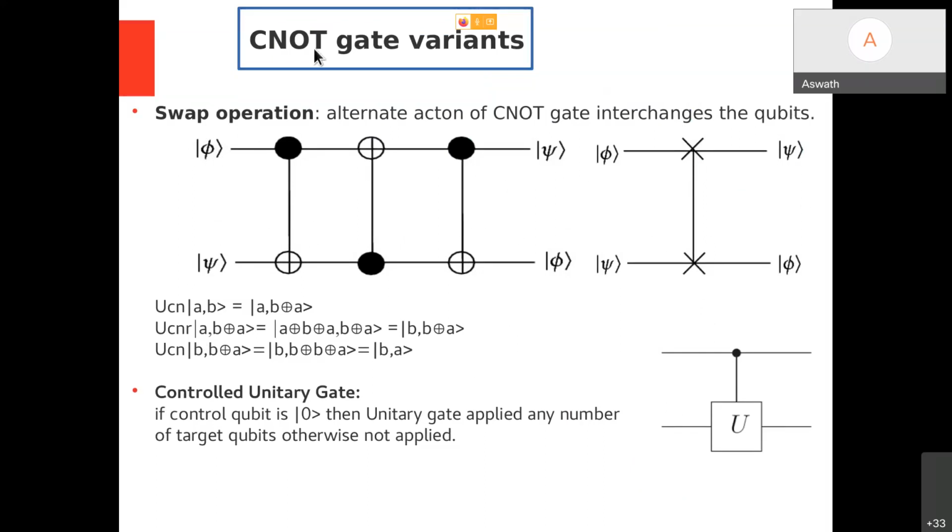Another CNOT gate variant is, okay, CNOT gate is controlled NOT gate, right? So I can have a controlled unitary gate also. Instead of NOT, I can have some unitary matrix operation, which can be anything. There are other unitary matrix gates in quantum computation, something like Rx gate, Ry gate, Rz gate, T gate, and S gate.